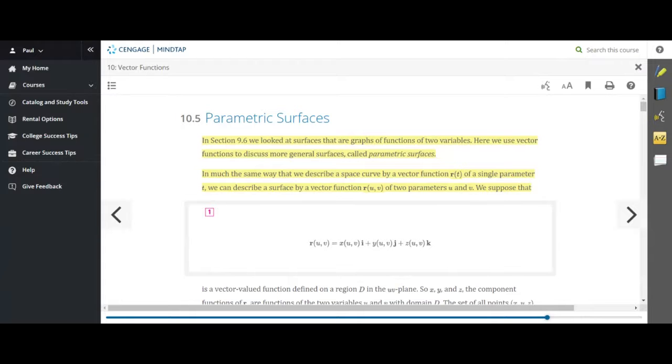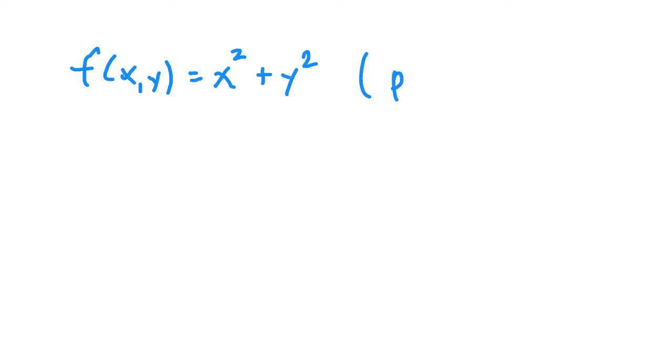So for instance, if I go to the whiteboard here and show you, you can have a function of x and y. And let's say that equals x squared plus y squared. Now that's a surface. And that surface you probably recognize as a paraboloid.